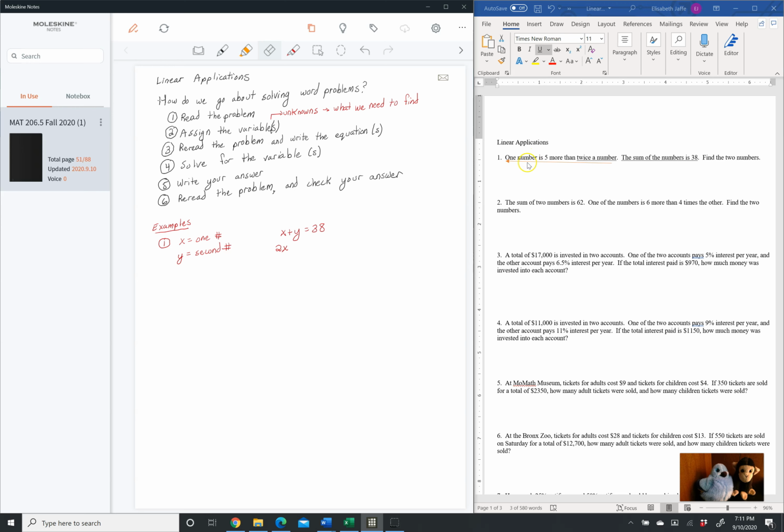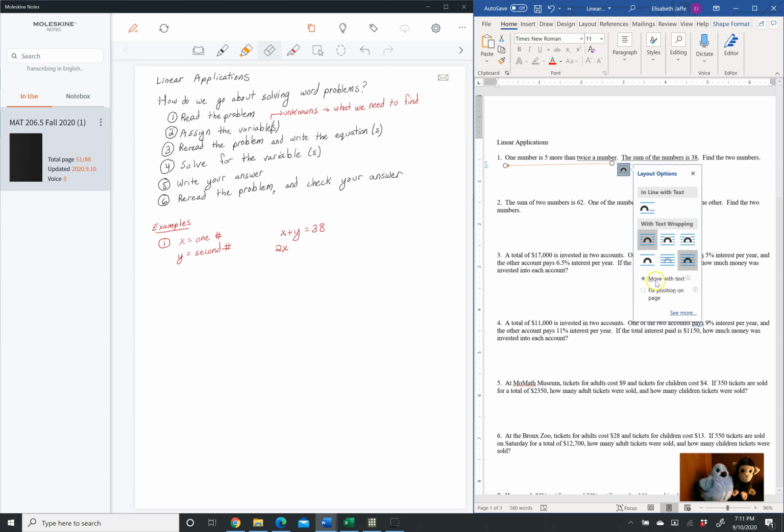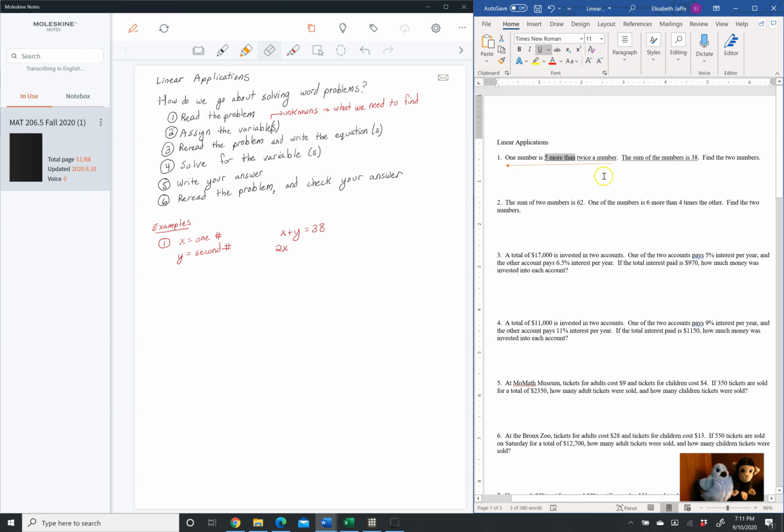Then we have 5 more than. This is the second piece. What is 5 more than? 5 more than is plus 5.